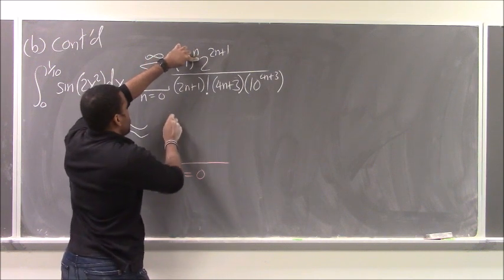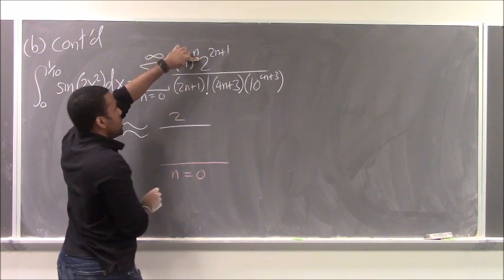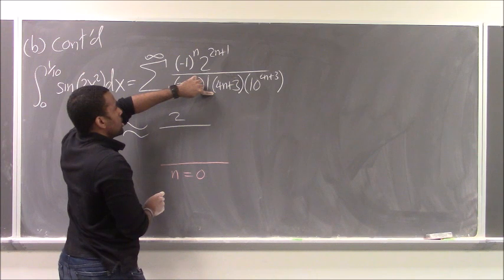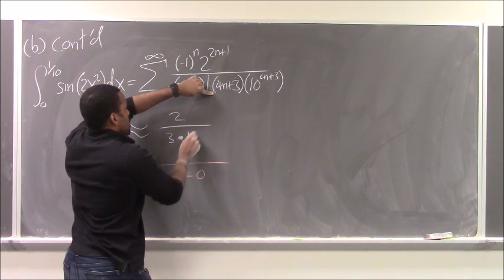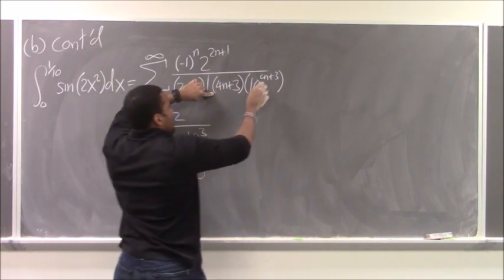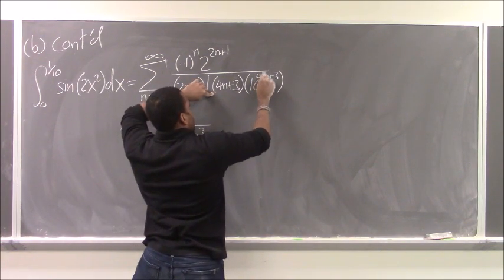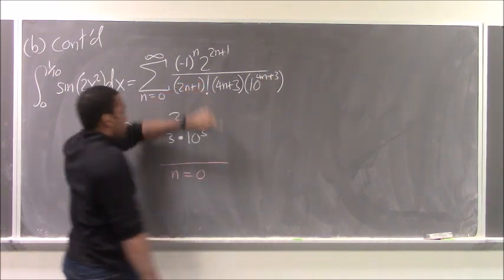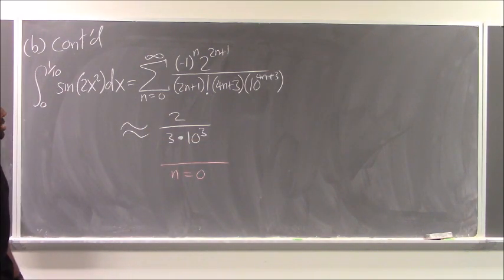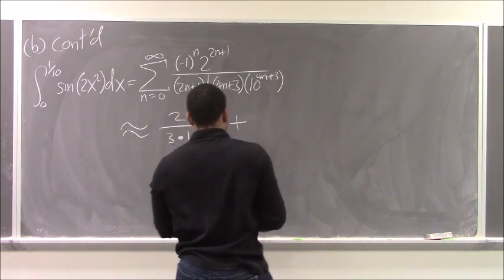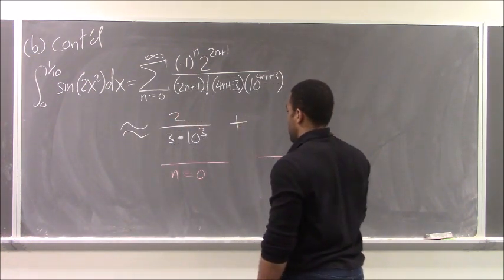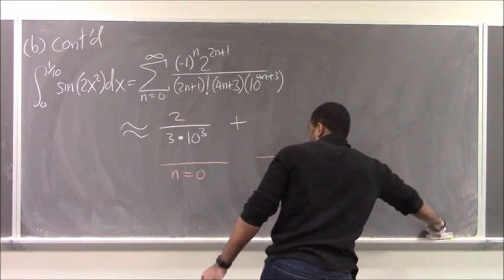This will give me 2 divided by 3 times 10 cubed. This is 4n plus 3. So that is the first fraction.